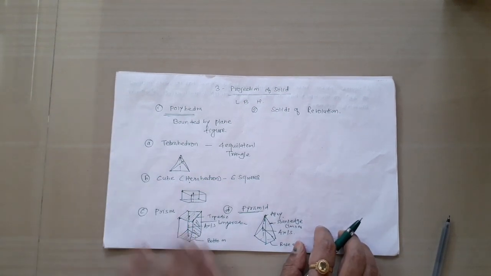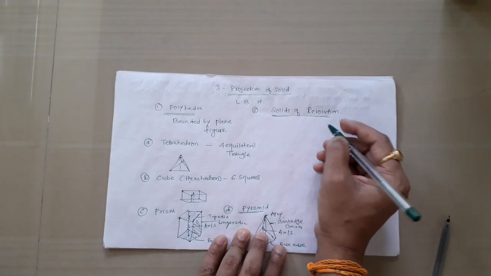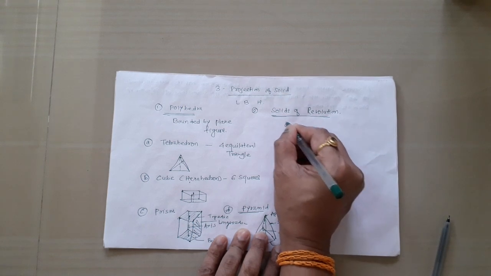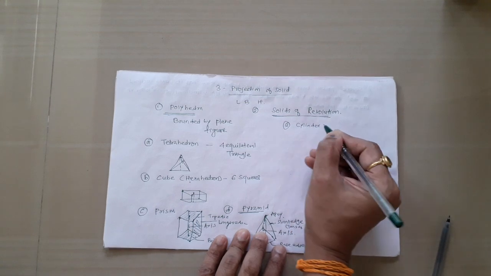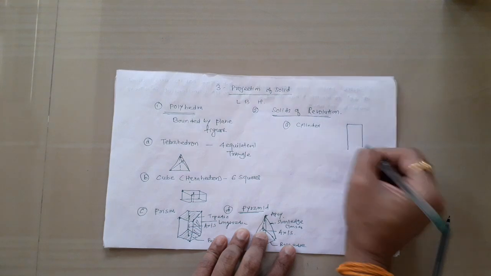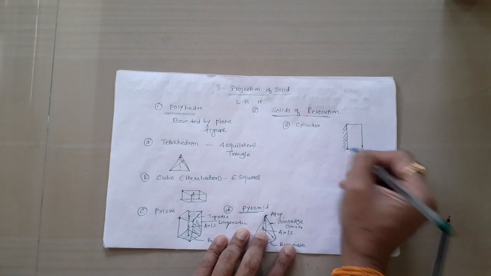Then the second type of solid is solid of revolution. Solids of revolution are the solids which are generated by revolution of a plane figure. The first one is a cylinder. Cylinder is generated by revolution of a rectangle by fixing one of its sides.